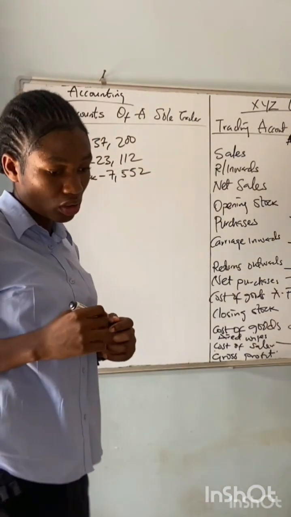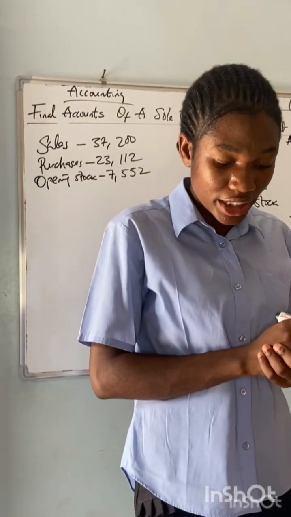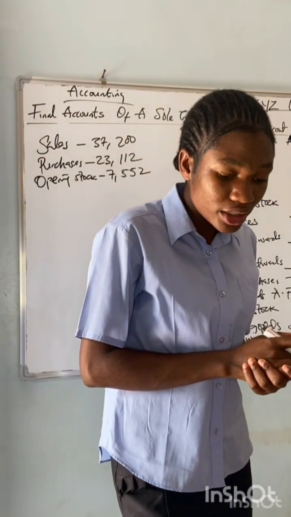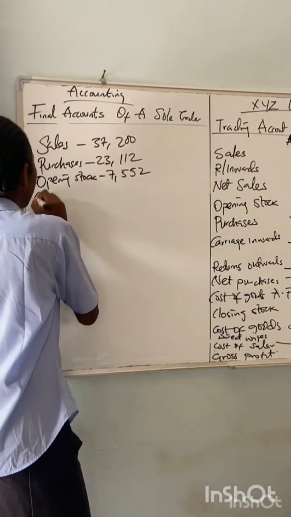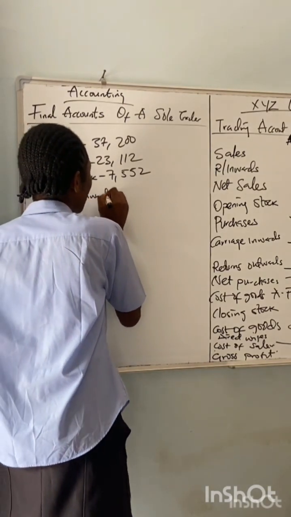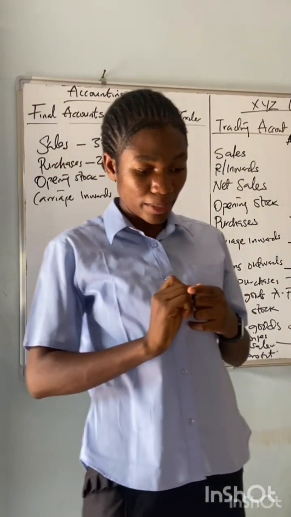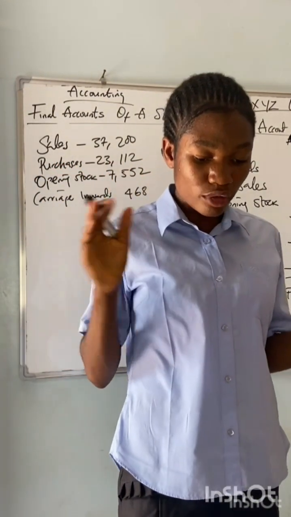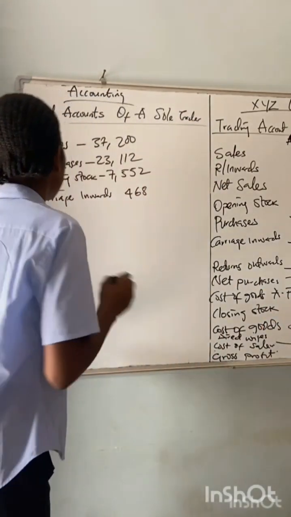This is our opening stock. We have carriage inwards to be 468 naira. We'll be entering our carriage inwards, 468 naira. Now we have returns outward. Returns outward was 710 naira.